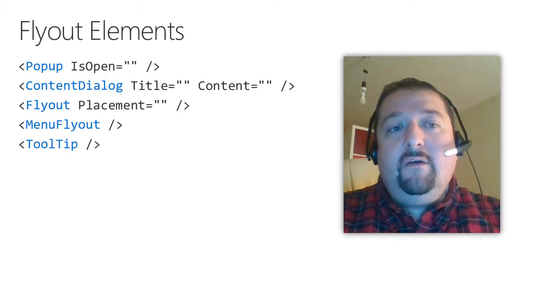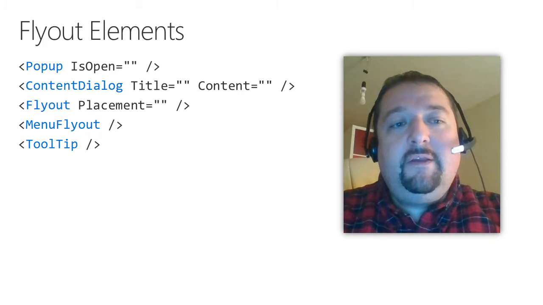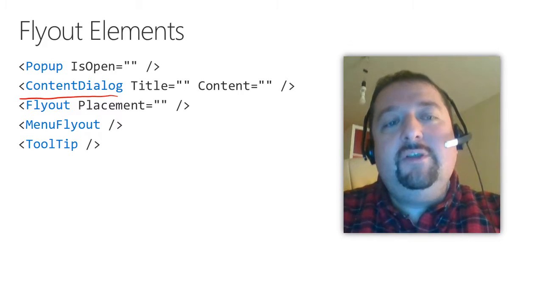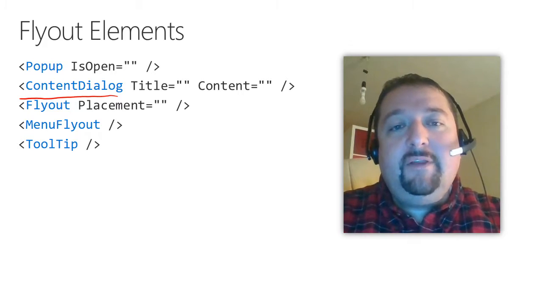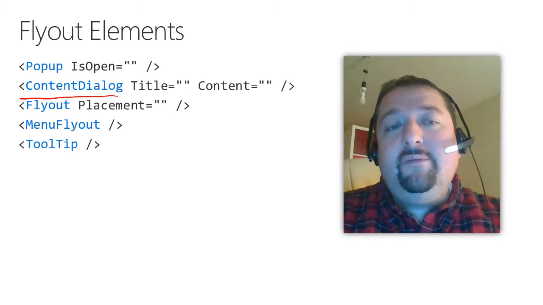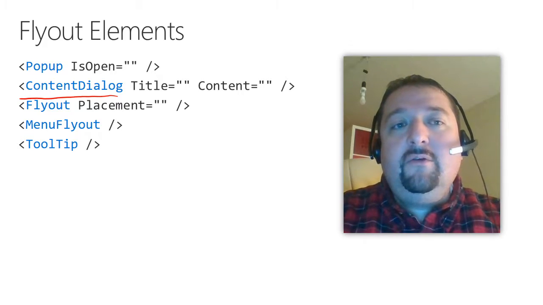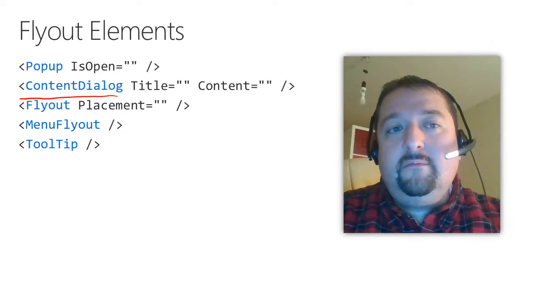So pop-up elements can be just a simple pop-up, and you can control whether it's open or not. It can be ContentDialog, which is quite a versatile element allowing you to specify the design. It can be flyout, menu flyout, tooltip, and so on. There are several different options. We will not go through all of them, but let's consider just one.